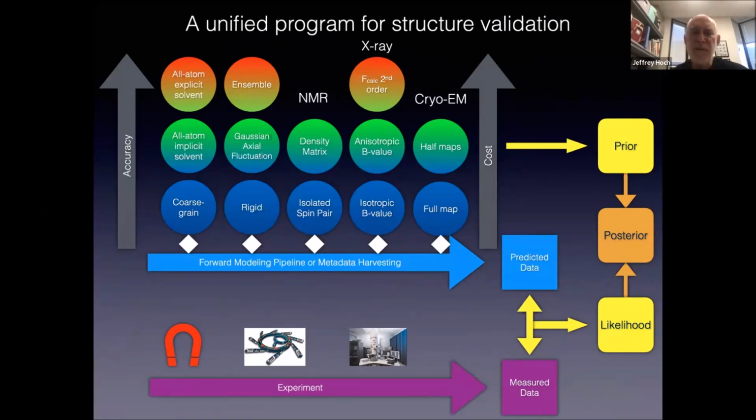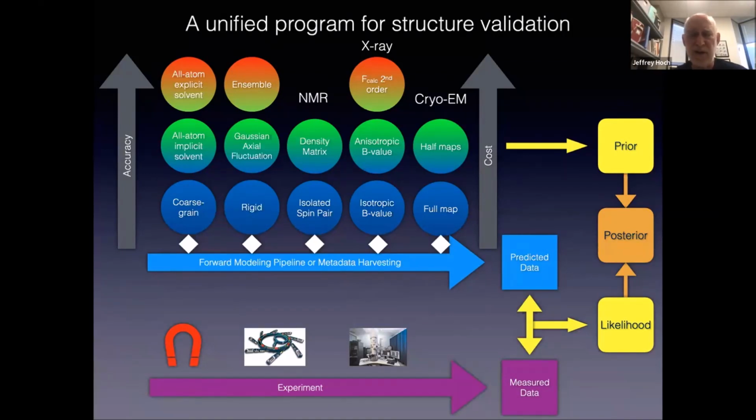The level of accuracy could vary depending on how accurate your model is: whether you're working with a coarse grain model or an all atom model in explicit solvent, whether you're dealing with a single rigid structure or an ensemble, whether you're using an isolated spin pair approximation in the case of predicting NOEs versus a full-blown density matrix approach.